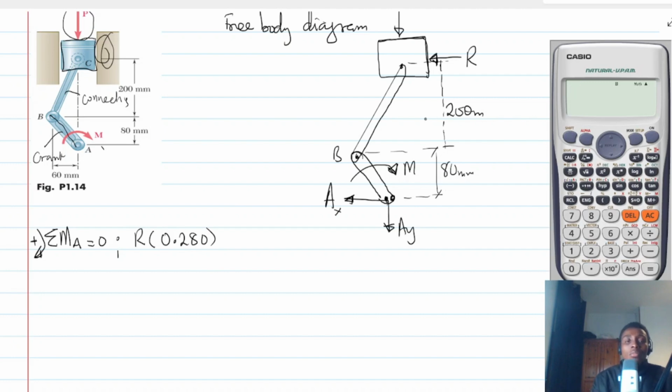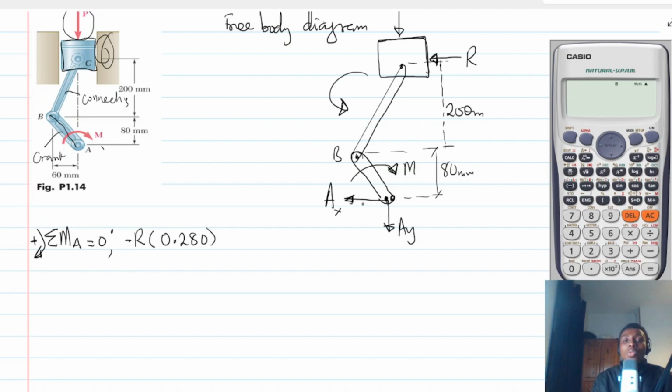And then this R will go this way. It's going to create a moment. So here it's supposed to be negated because we are assuming that clockwise is positive.